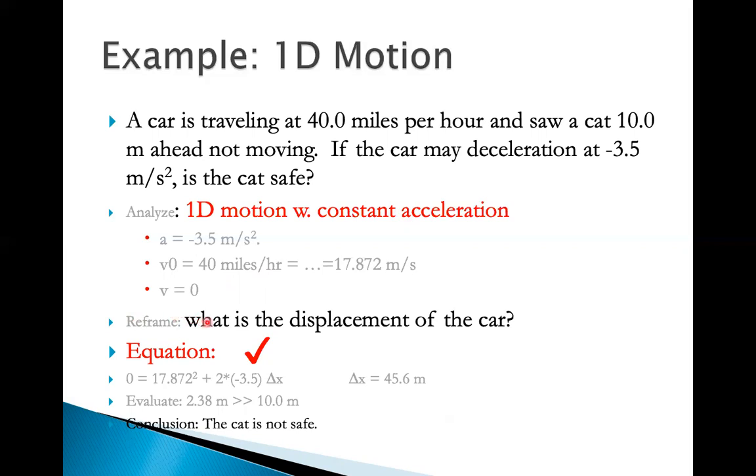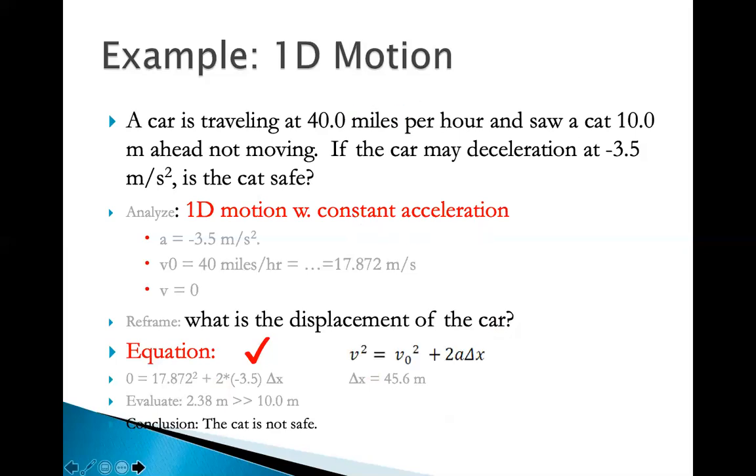So the question I'm asking here is, what's the displacement of the car during the braking process? If it's more than 10, then the cat will not be safe. If it's less than 10, the cat is safe here. So let me see.